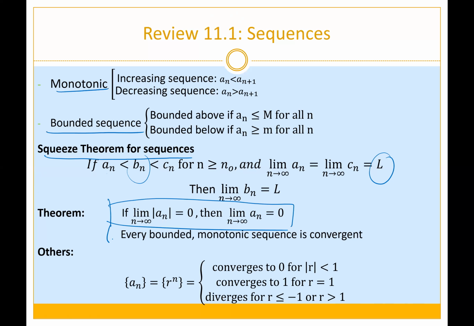Another theorem we need to know is that every bounded monotonic sequence is convergent. It's very clear on the graph. It's bounded, so it has a cap and a floor, and it's monotonic, so it's only increasing or only decreasing.